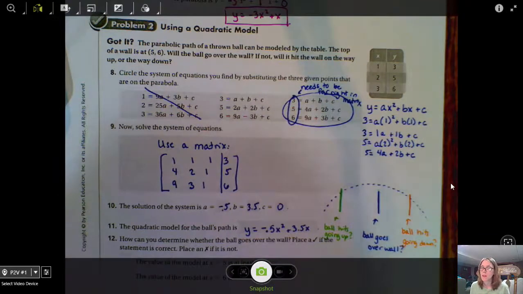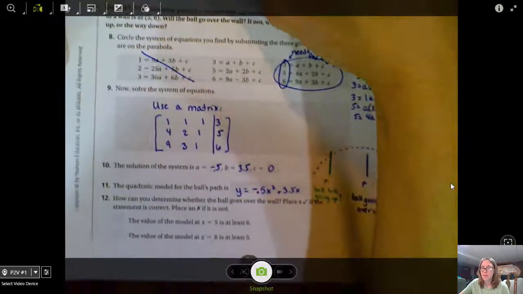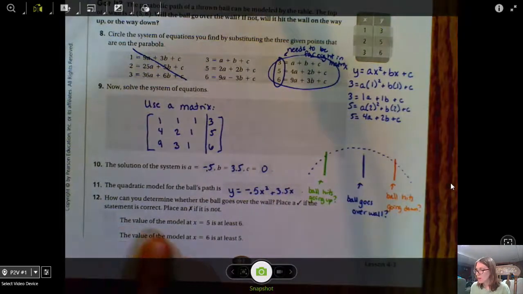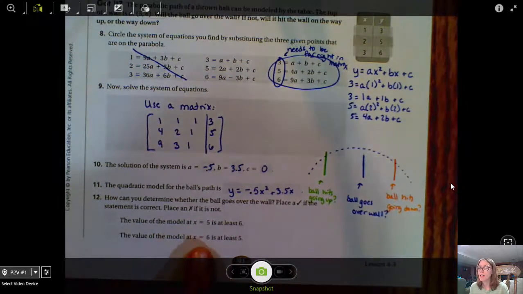So let's think about how are we going to be able to figure out if the ball goes over the wall or not. Well, one of the ways that we could do that, let's look at our options here. The value of the model at x equals 5 is at least 6, or the value of the model at x equals 6 is at least 5.